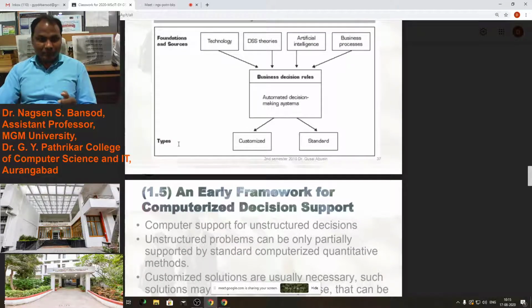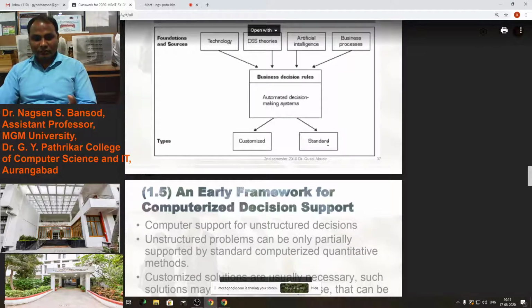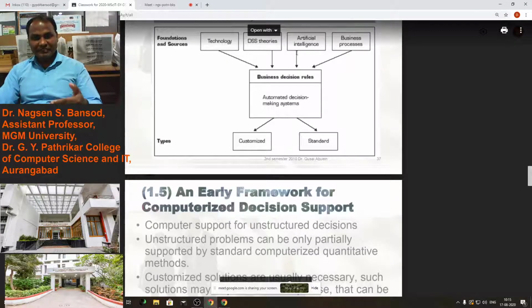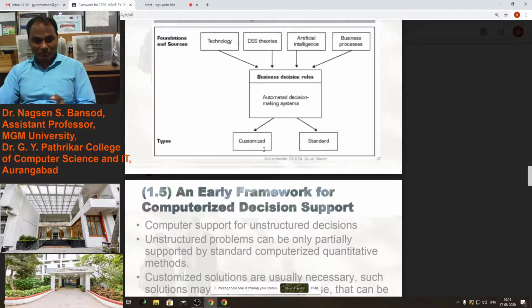Then in the last there are two types, customized and standard solutions. The system can provide standard solutions using technology, DSS, artificial intelligence and business processes, and also customized solutions.